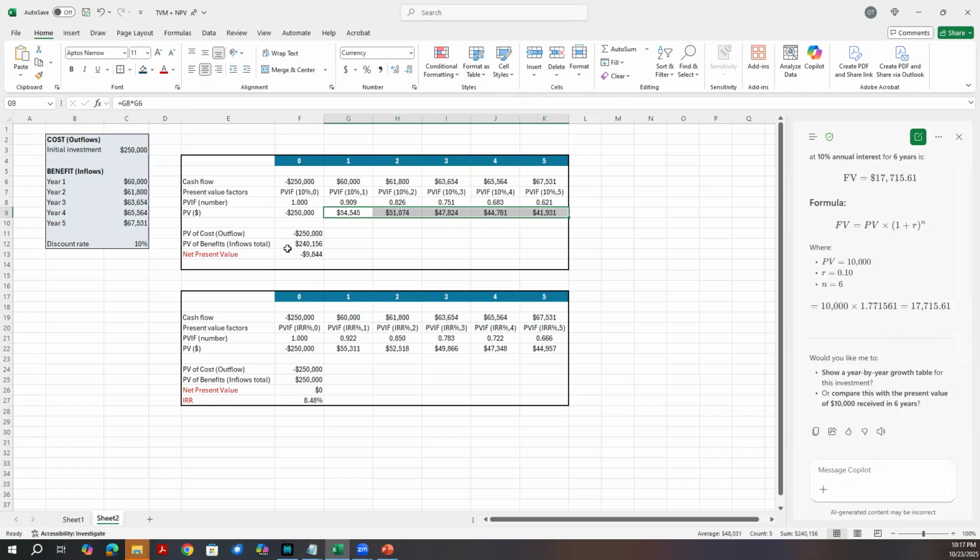I run through the same calculations and plug in various discount rates, and it turns out that at 8.48% this project generates a net present value of zero. In other words, 8.48% is the break-even rate of return for this investment. This break-even rate of return is called the internal rate of return.